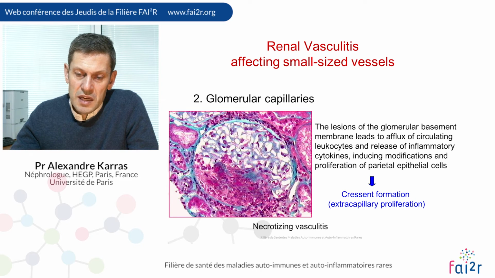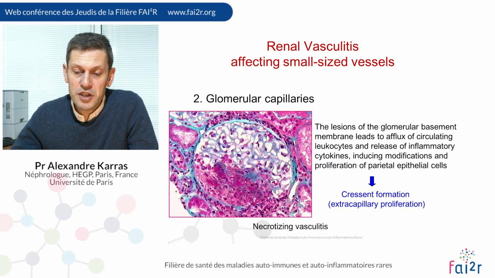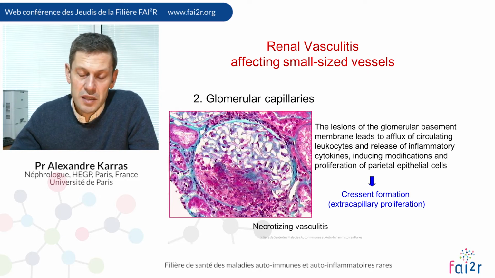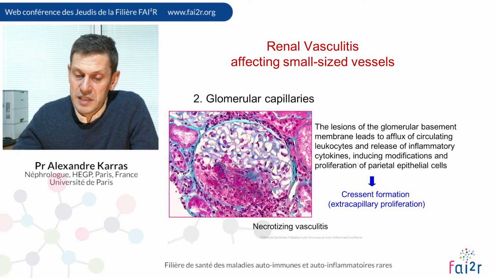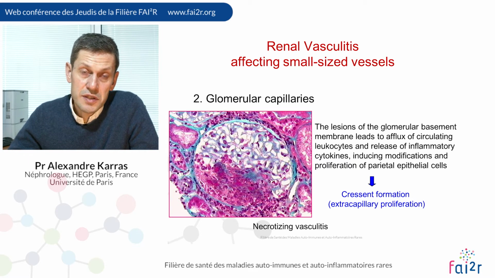This necrosis will lead to the formation of the crescent. The crescent is the proliferation of some cells inside the glomeruli, which are called the parietal epithelial cells. These cells will form this complex crescent which will kill the glomeruli and cause the acute kidney injury.